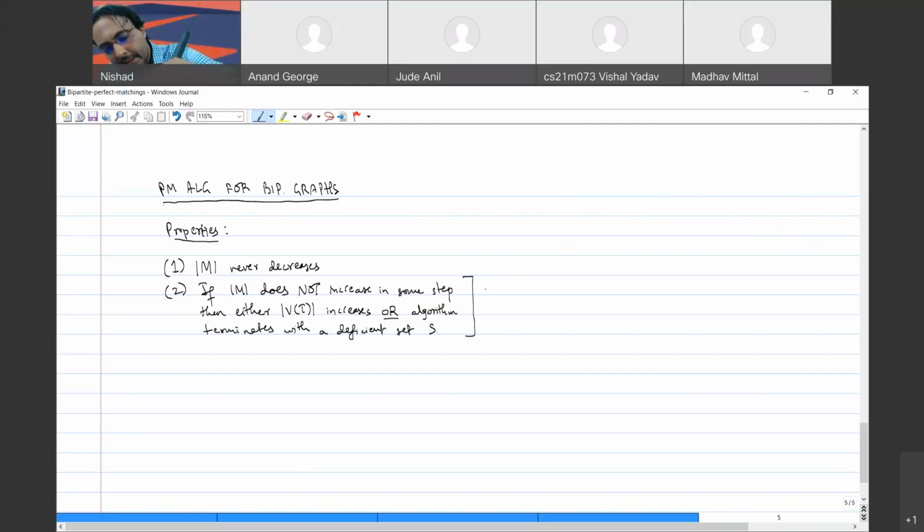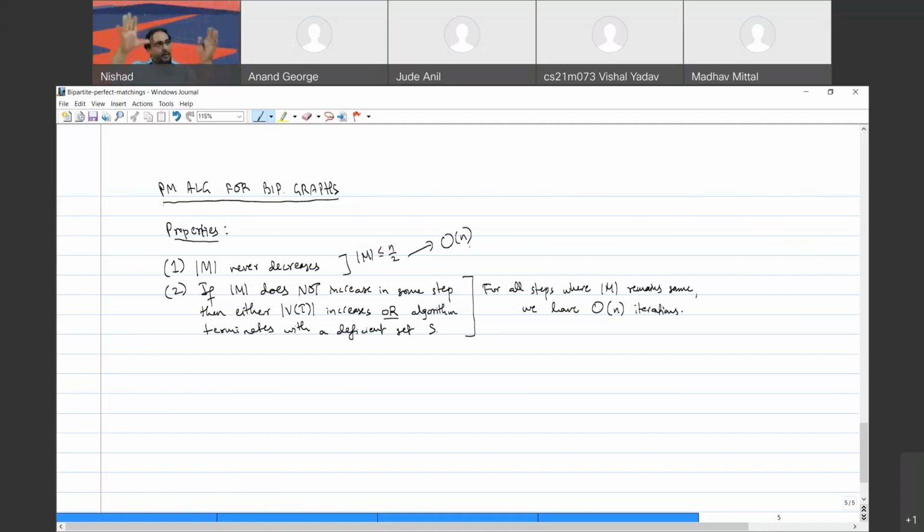So for all steps where the cardinality of M remains the same, we have order of n iterations of the loop. And well, the cardinality of the matching is at most n over 2, and so this is also going to be order n.